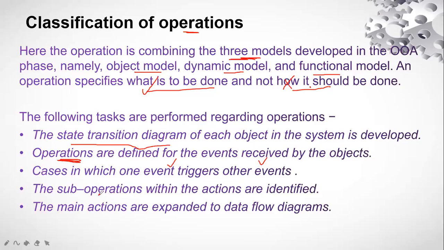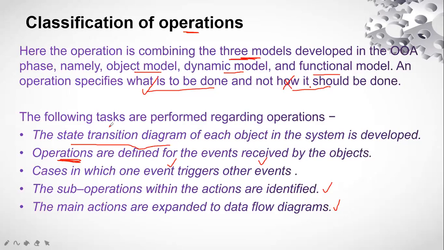Next point, the sub-operations within actions are identified. That means all the actions which need to be performed are identified as operations. And we are going to develop the data flow diagram for the same concept. You can see here that we are developing different types of models in this part.